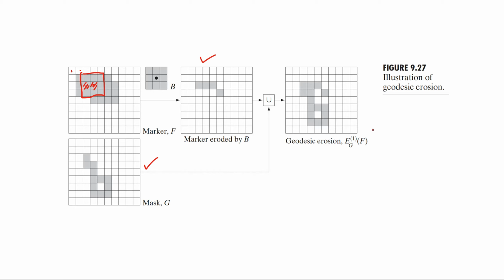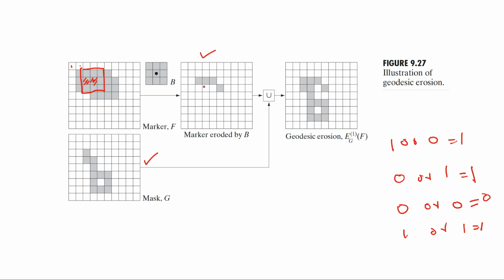So if you have 1 or 0, the result will be 1, 0 or 1, the result will be 1, and 0 or 0, the result will be 0, and 1 or 1, the result will be 1. Using this logic, you can take the eroded result with the mask and perform the OR operation. In the final result, you can see that only this pixel and this pixel has 1 in common for both the images, so you will get a 1 at this point.